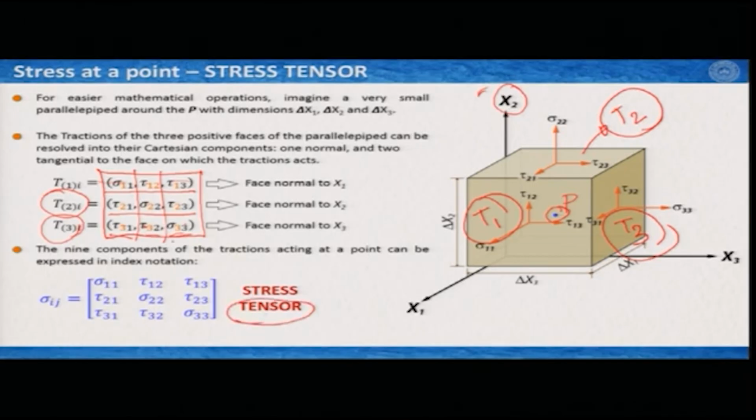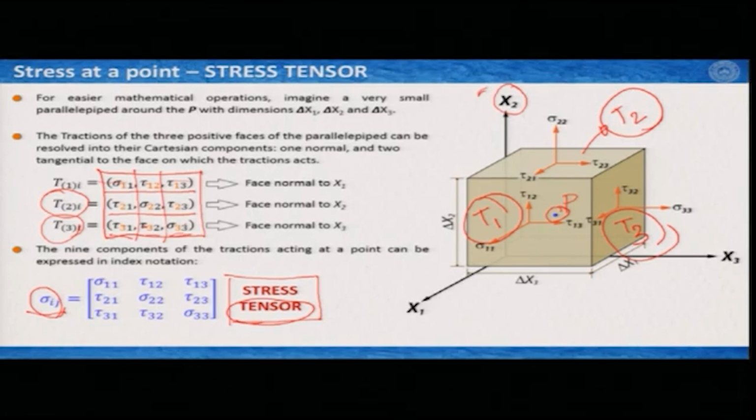So, you can write these 3 components in a matrix form: sigma 1 1, tau 1 2, tau 1 3, tau 2 1, sigma 2 2, tau 2 3, tau 3 1, tau 3 2 and sigma 3 3, and you can simply denote it in the form of index notation sigma ij, and this is your stress tensor, which is neither a scalar quantity nor a vector quantity, but a tensor, and I tell you this is a second rank tensor.